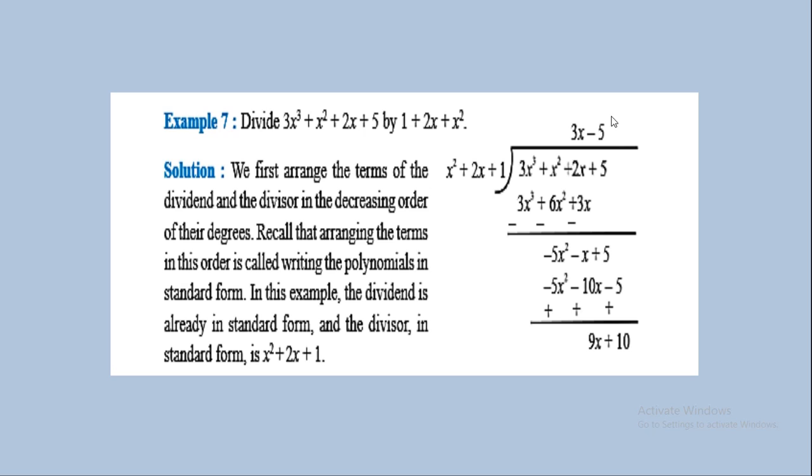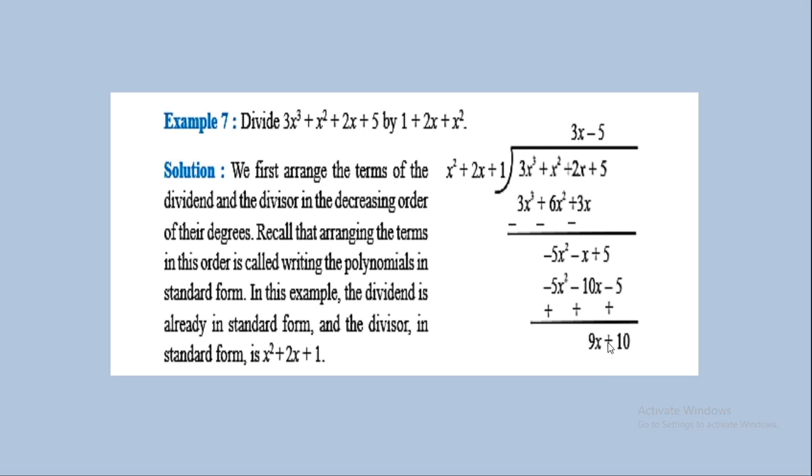Multiplying this minus 5 with this polynomial, we get minus 5 into x square, that is minus 5x square, and minus 5 into 2x, that is minus 10x, and minus 5 into 1 is minus 5. Now we subtract this polynomial from this polynomial, that is minus 5x square minus minus 5x square is minus 5x square plus 5x square, that is equal to 0, and minus x minus minus 10x is minus x plus 10x, that is 9x, and 5 minus minus 5 is 5 plus 5, that is 10.